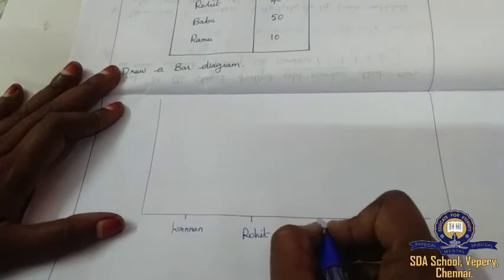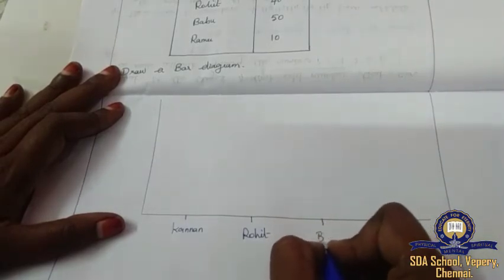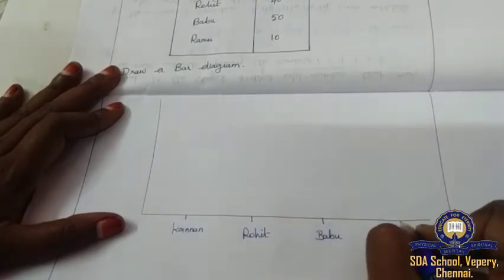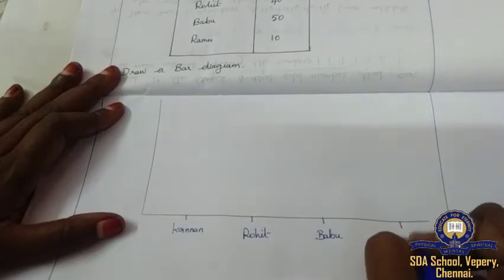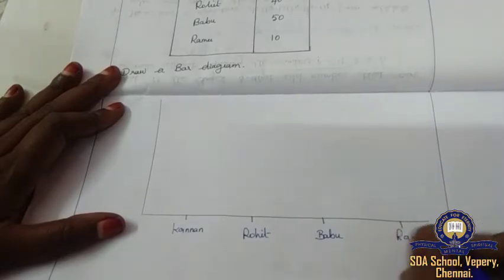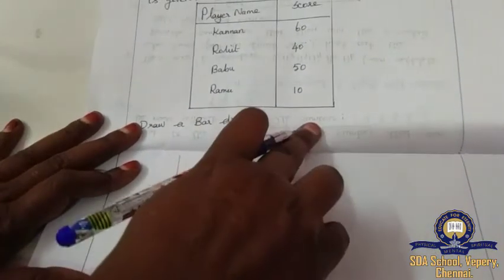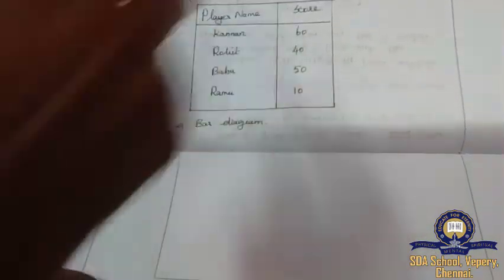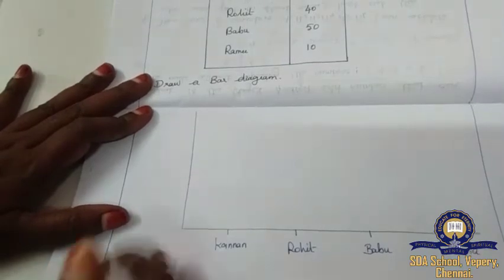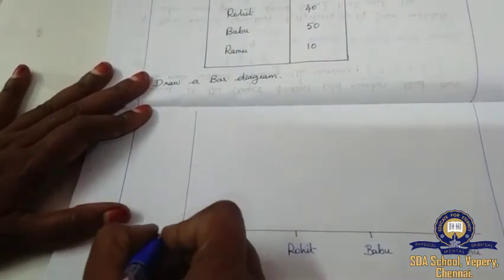And third player name Babu. And fourth player name Ramu. So write the player names here and their scores. So it is in the multiples of 10. So in the table we can write it in multiples of 10.